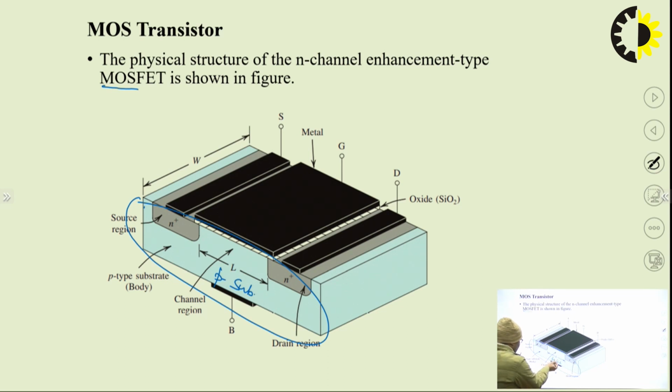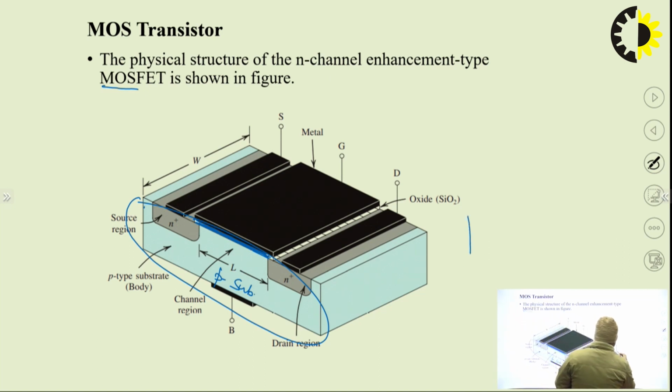So, at the base is the P substrate, and above the P substrate there is an oxide coating. This is the silicon dioxide layer. A thin silicon dioxide layer is grown above the silicon substrate. At the base we have the silicon substrate, in fact P type silicon semiconductor.